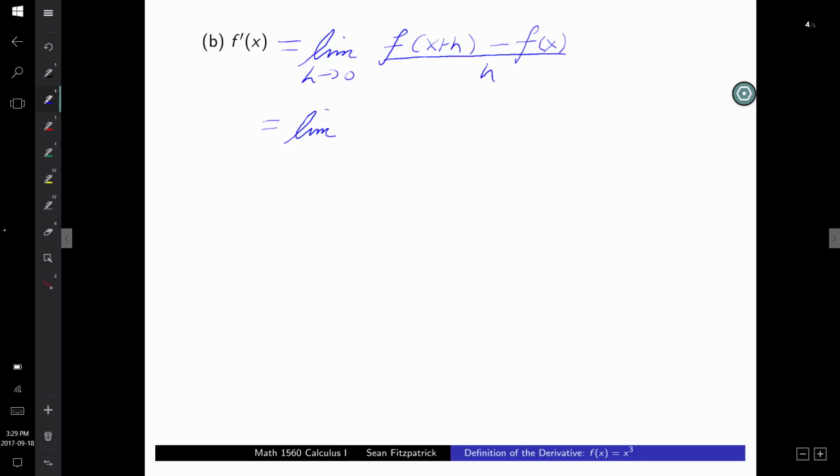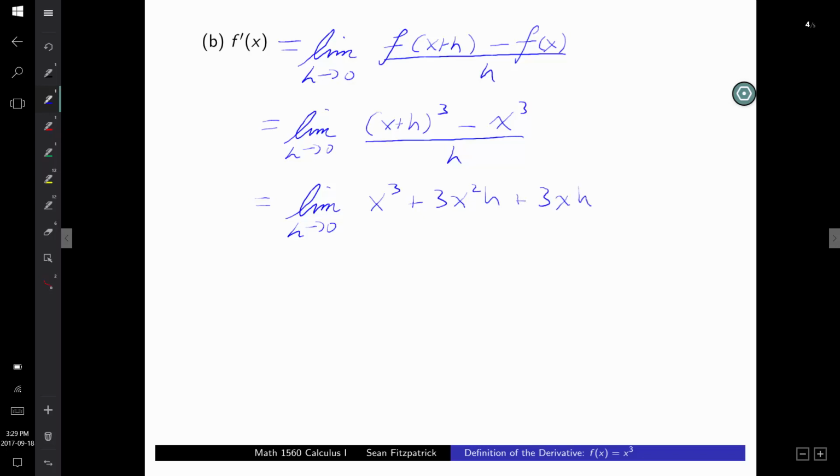So I've got the limit, h going to 0, of x plus h all cubed minus x cubed over h. And again, I expand that first cube using the binomial theorem. x cubed plus 3x squared h plus 3x h squared plus h cubed minus x cubed, all over h.